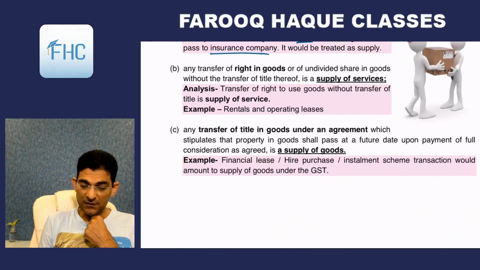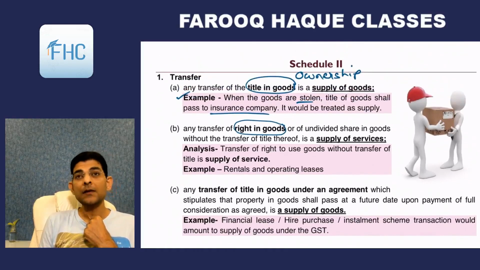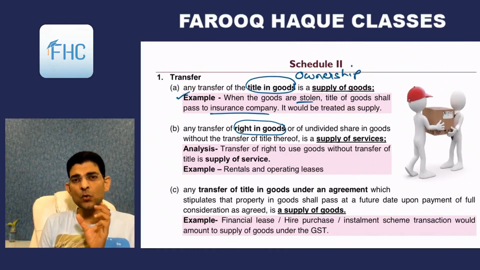Then another point, any transfer of right in goods. Now see, this is the difference: title and one of the rights. Title means ownership. If the ownership is transferred, that will be called goods.